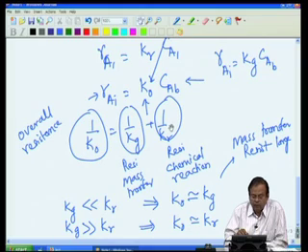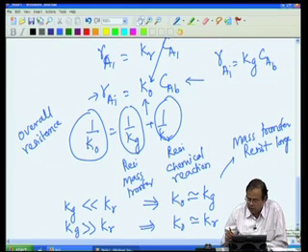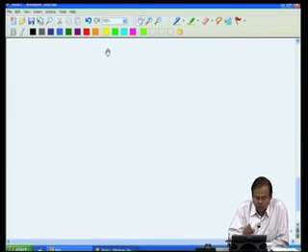I will also emphasize that because of mass transfer resistance, our overall observed rate constant is different. Now, let me reiterate this point, because this is an important idea which we will be using time and again.